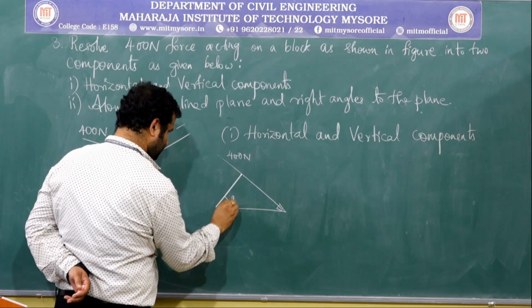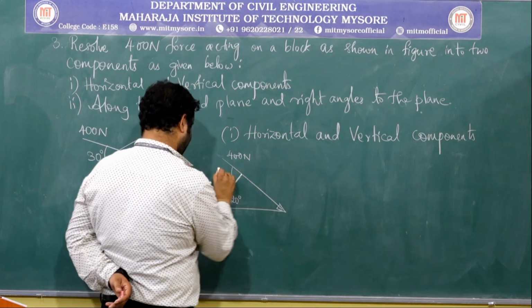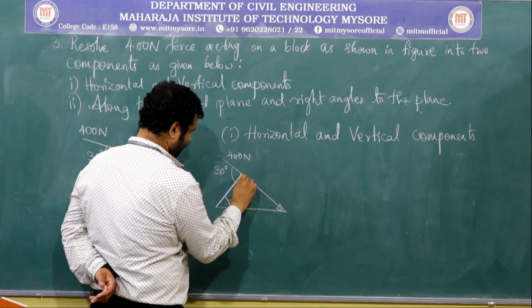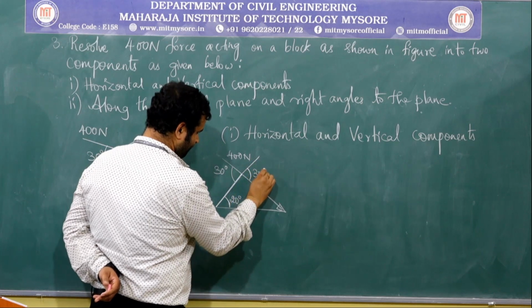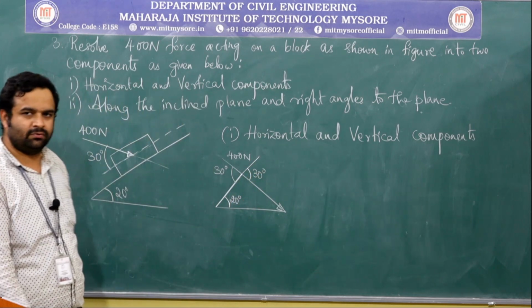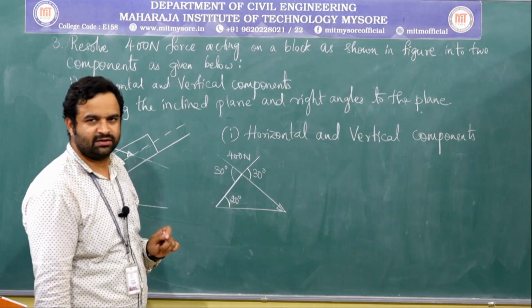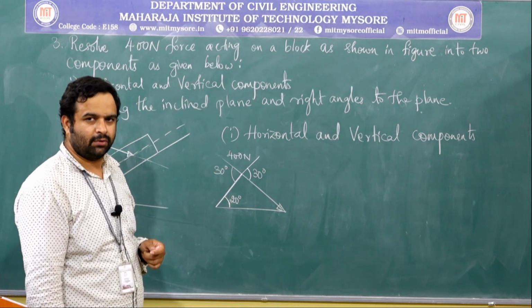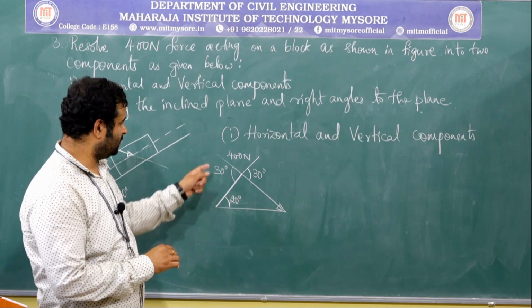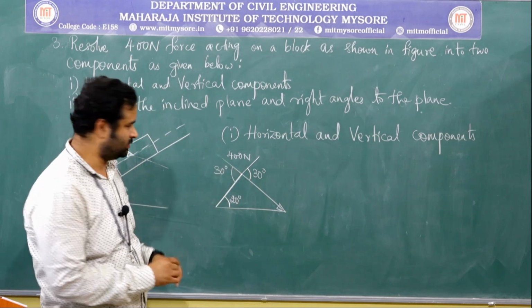So, this is 20 degrees. So, now from this figure I can write this figure based on the angles given. Now, you need to determine what is the angle of this 400 Newton force with respect to the horizontal.